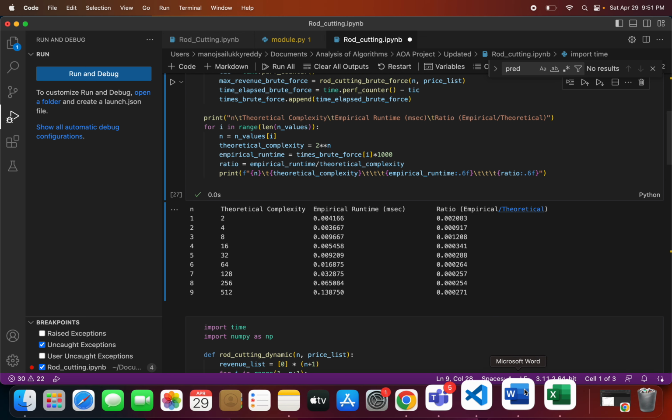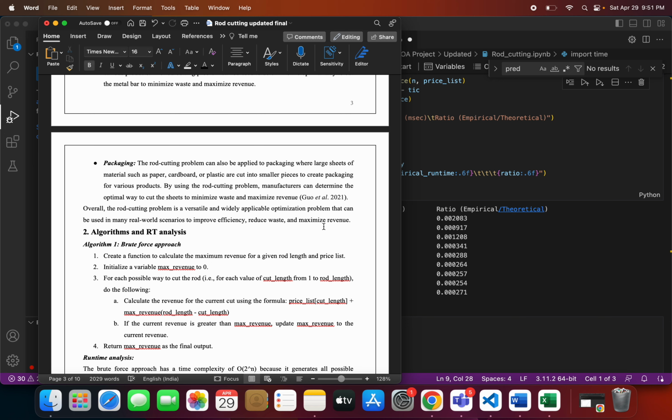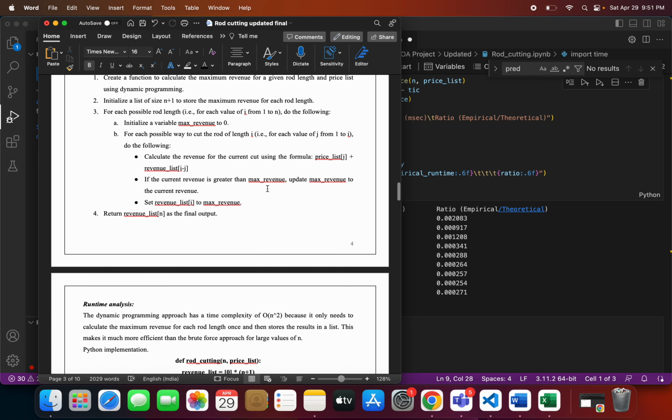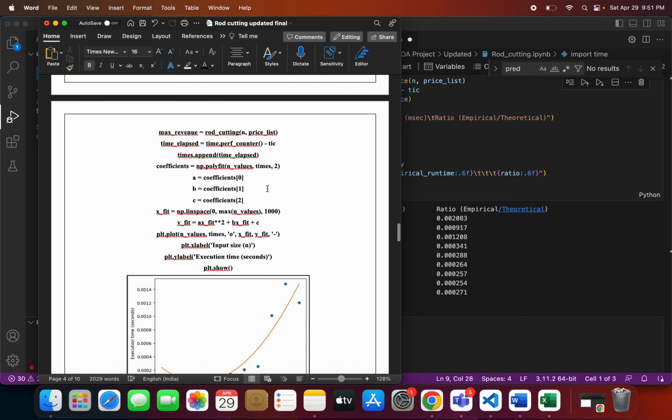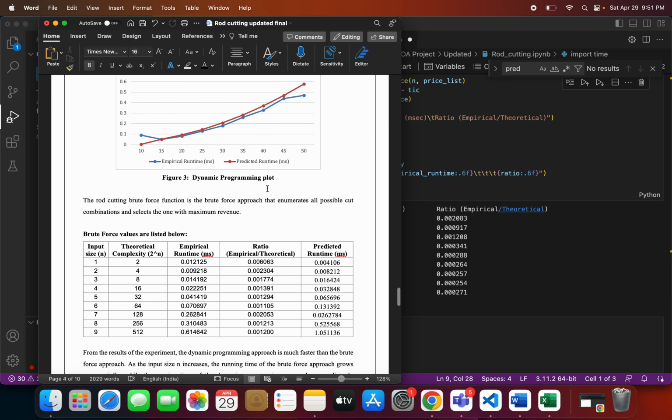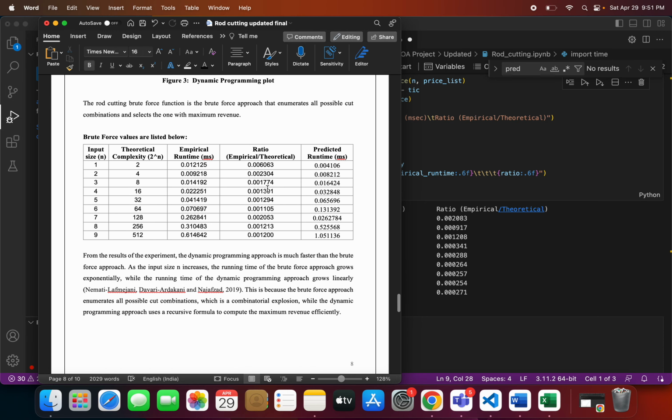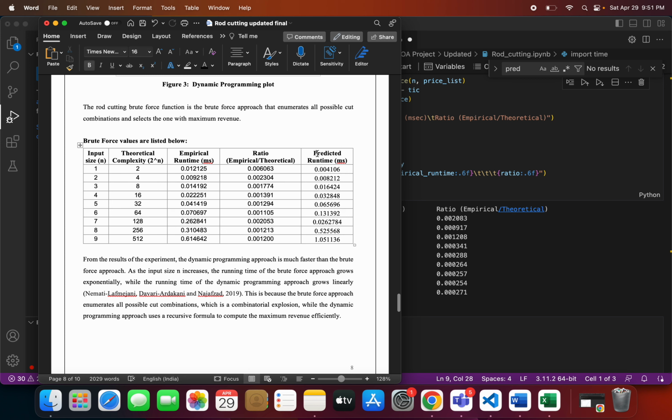And when we go here to find the predicted value, so this is the brute force. In order to find the predicted runtime, we have to multiply the ratio with the theoretical complexity. After that, we'll be getting the predicted runtime.